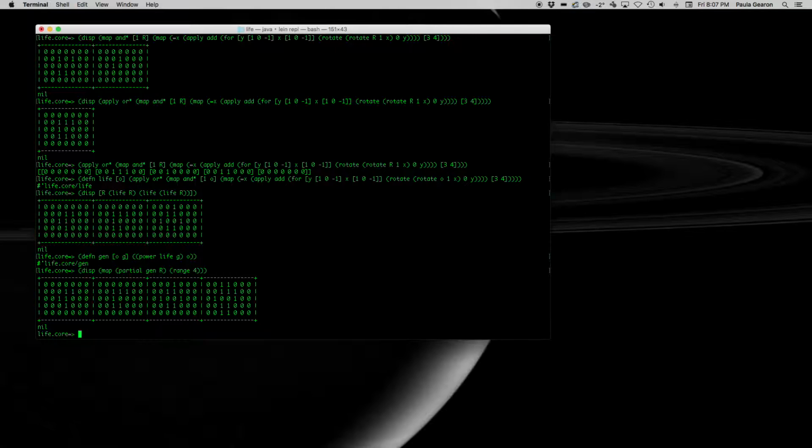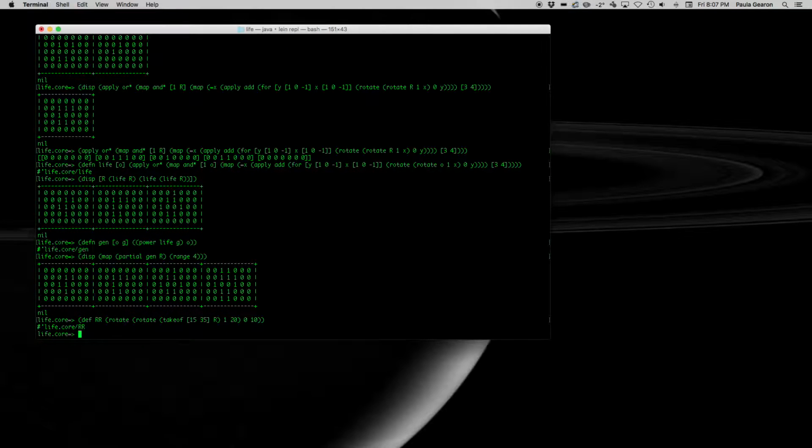Next, let's make a larger arena still. So RR is the 15 by 35 take of R, rotated by 10 20. This is a 15 by 35 matrix of zeros and ones with our original R in the center.